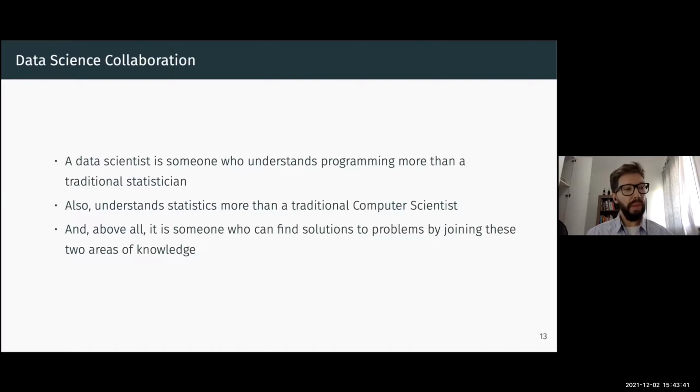And also, data scientists understand statistics more than a traditional computer scientist. So when the data scientist mixes statistics and computer science, he or she can find solutions to problems joining these two areas of knowledge. So it can have something bigger than the two parts.